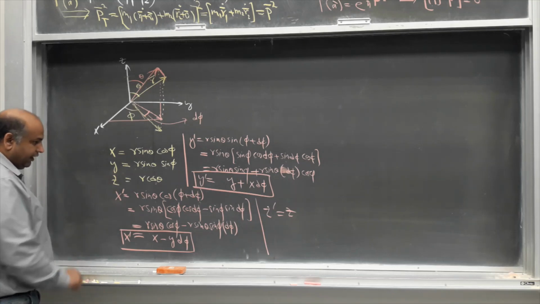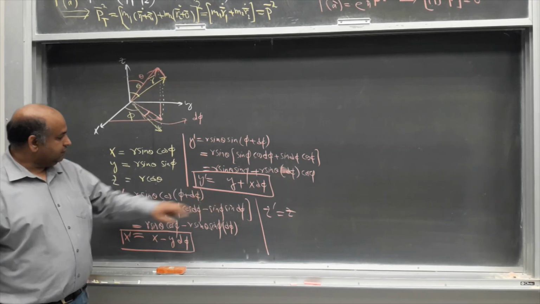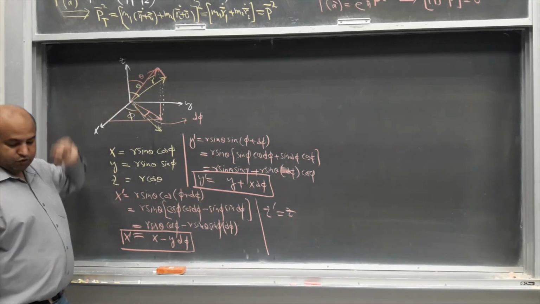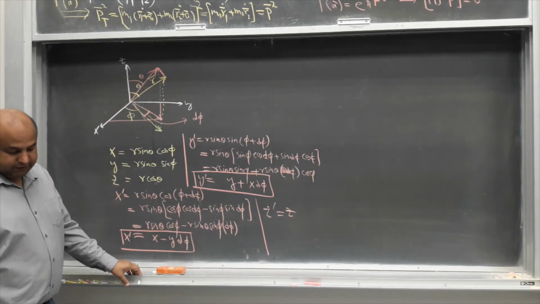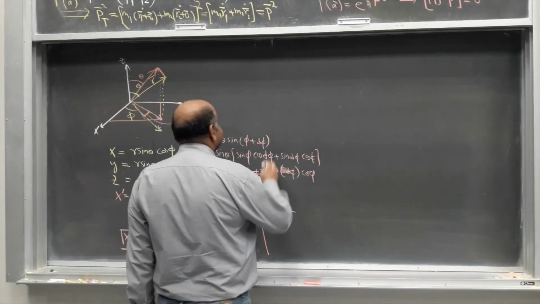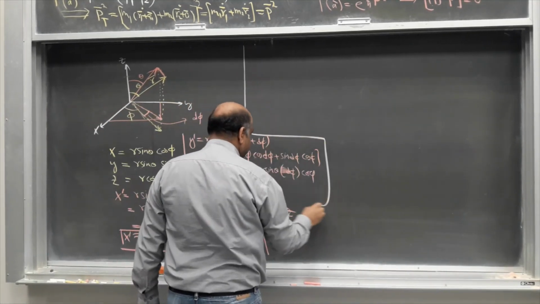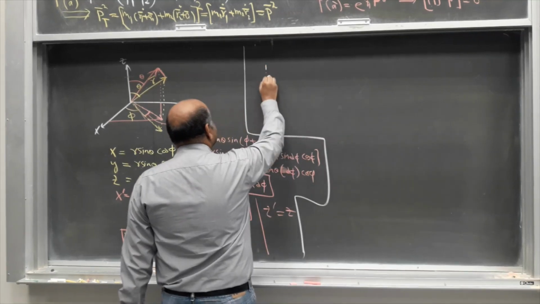Therefore, we have the new coordinates of our vector after rotation by an angle d phi. Let me write it using bracket notation.